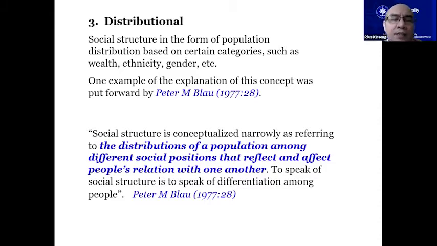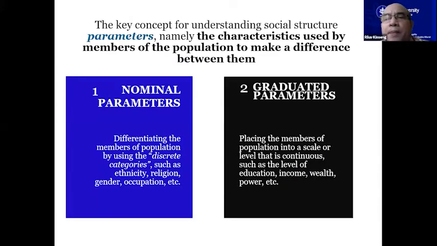He said that social structure is conceptualized narrowly as referring to the distribution of a population among different social positions that reflect and affect people's relation with one another. To speak of social structure is to speak of differentiation among people. And then he further explained by using two types of parameters.